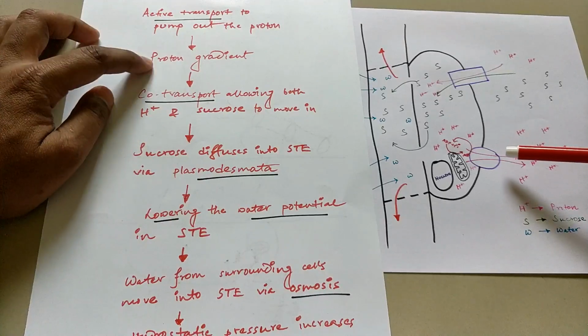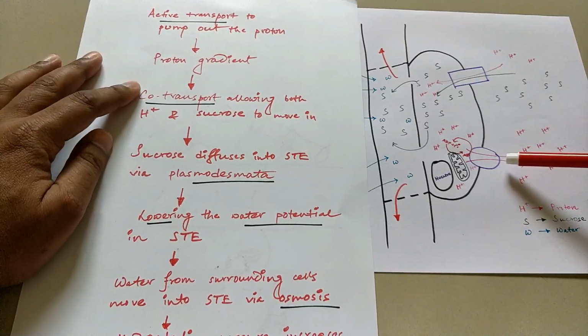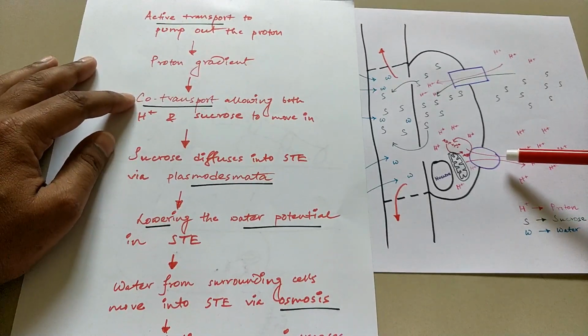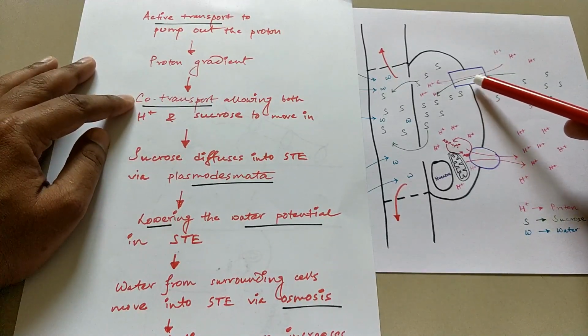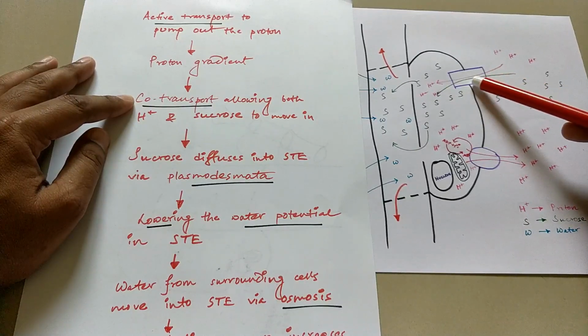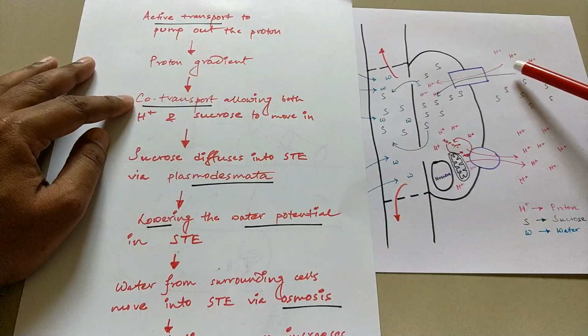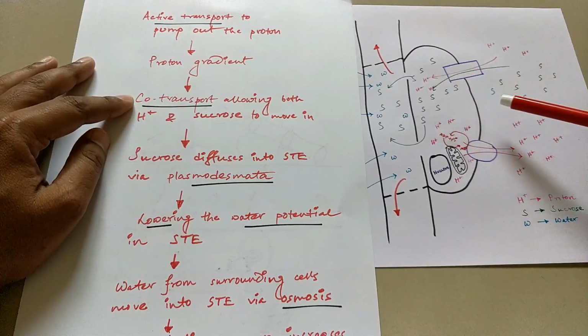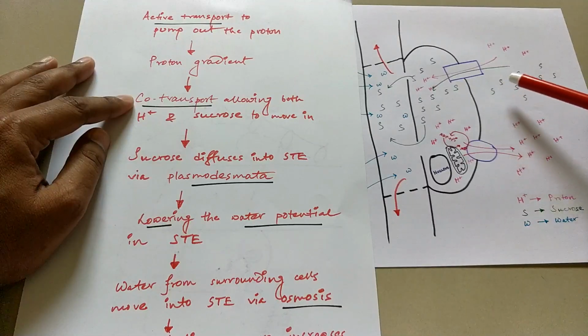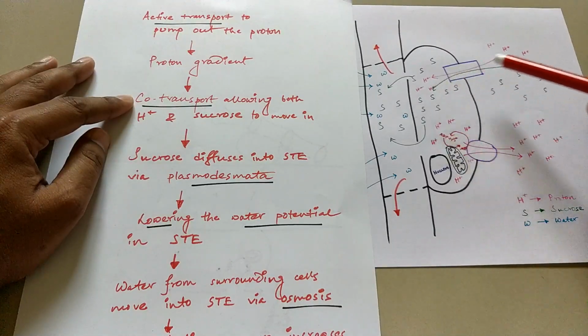right? As it is created, now the second set of protein, that is a co-transporter, will come into the scenario. So this is the co-transporter. This co-transporter will help in allowing both the elements, that is the proton and the sucrose, to get into the companion cells, because I told you it's the same direction.